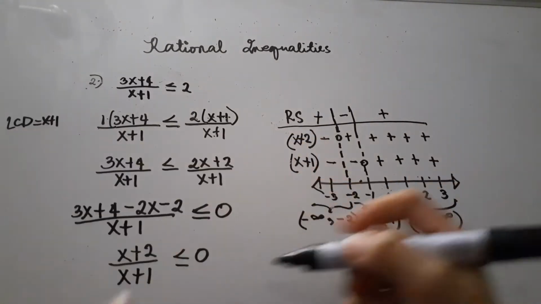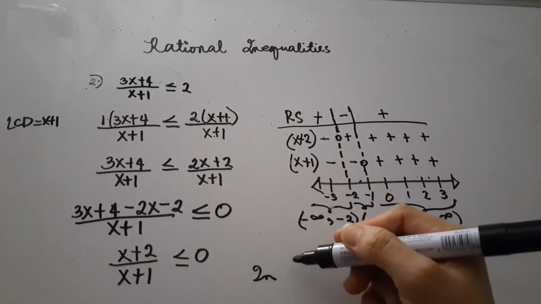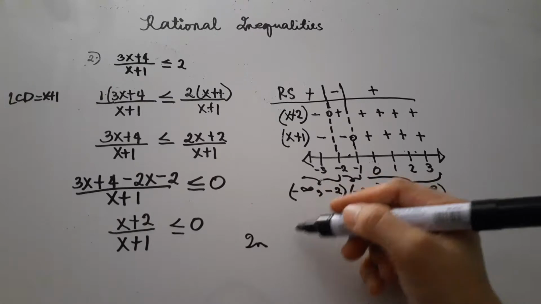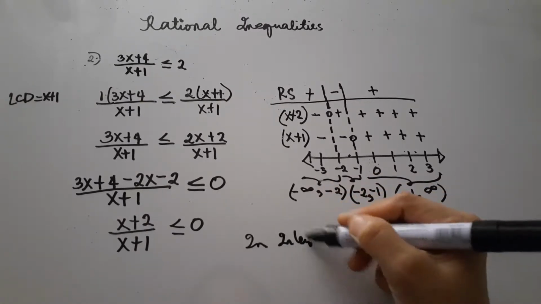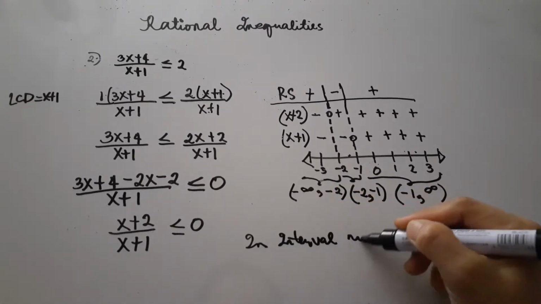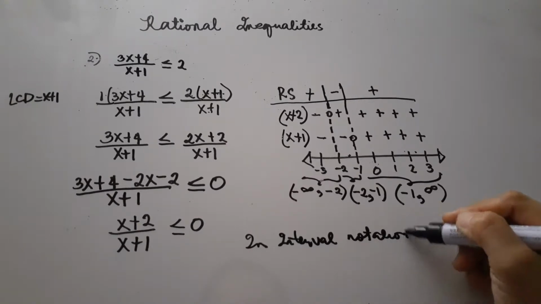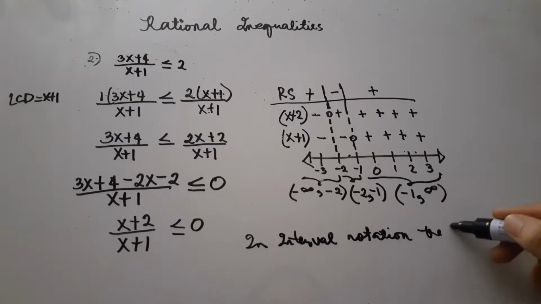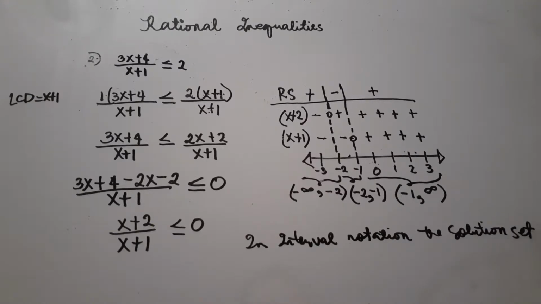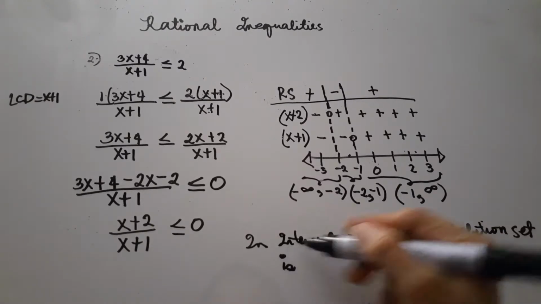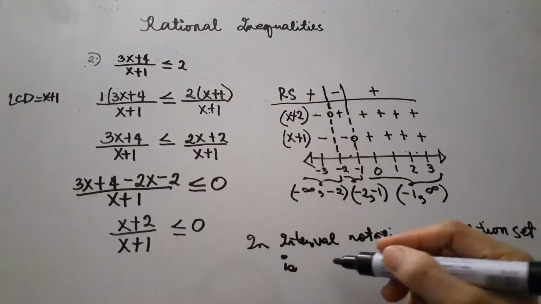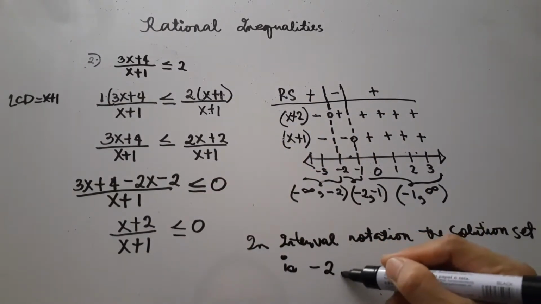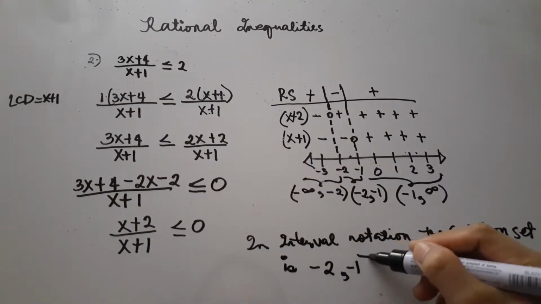Since this section is negative, it is less than or equal to 0, so in interval notation in this section, negative 2 and negative 1 is the solution set.